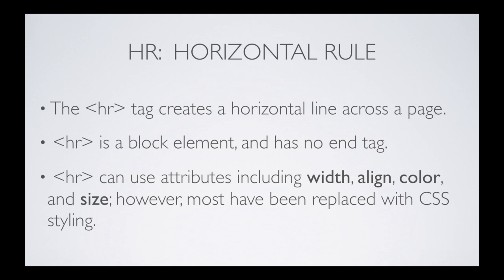The HR tag can use attributes including width, align, color, and size. However, most of these attributes are no longer used because they have been replaced with CSS styling. That's something we'll learn later, so right now, let's try using those original width, align, color, and size attributes.